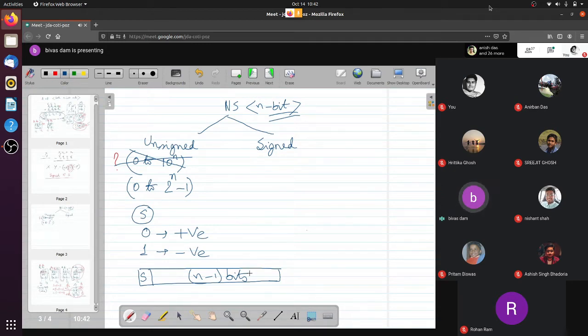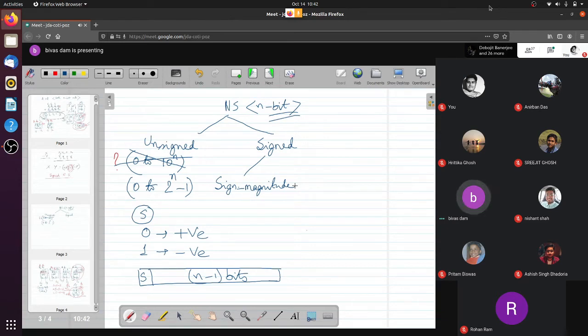Out of them, the simplest one is called the sign magnitude number system. Here, the most significant bit is the sign bit, and the lower n minus 1 bits will represent the magnitude directly.